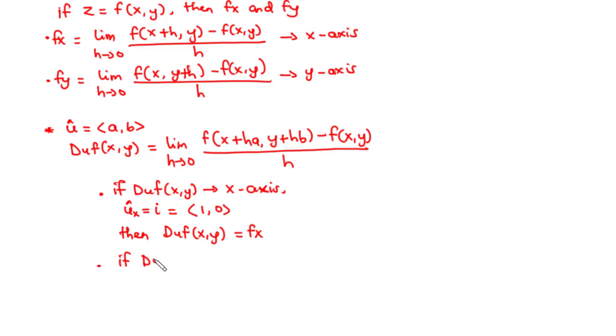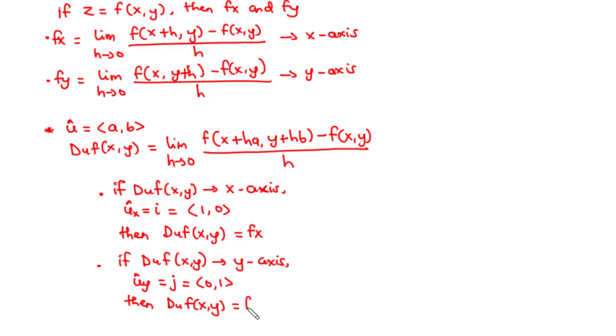Similarly, if the directional derivative of the function is directed along the y-axis, where the unit vector along the y-axis is j, which is given as 0, 1 in terms of components, then we have du of f of x, y being equal to fy, the partial derivative of the function with respect to y.